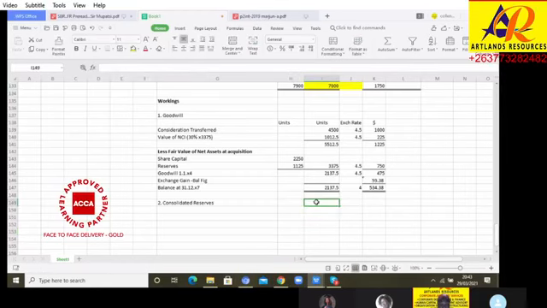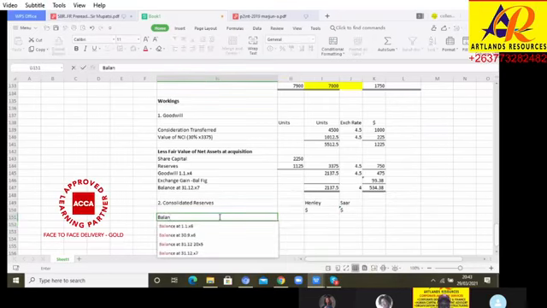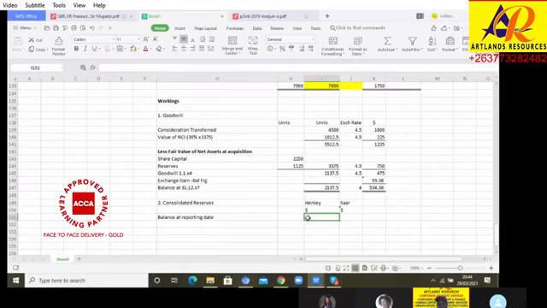We have got Henley, and we have got SAR. They are now in dollars because you are working consolidated reserves. So obviously this is now in dollars. You say balance at reporting date. That's how we calculate. Now you have balance at reporting date.